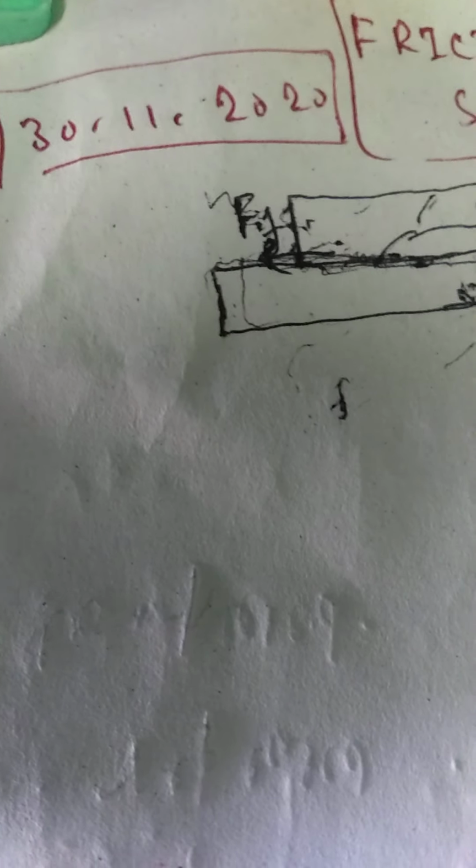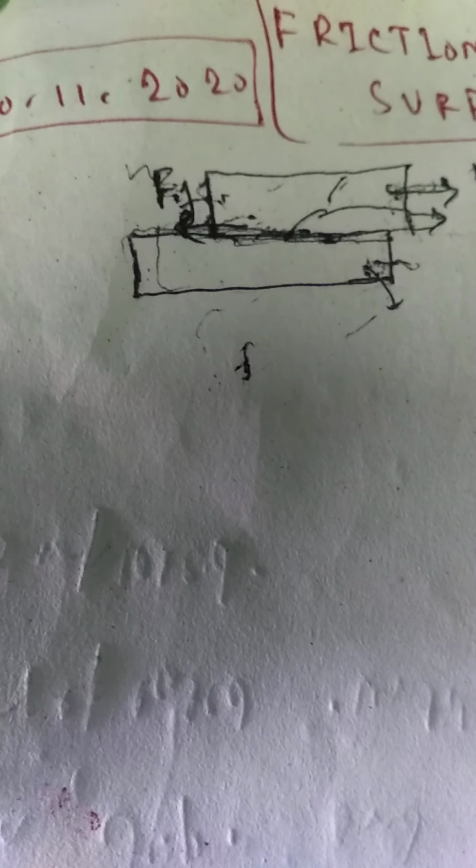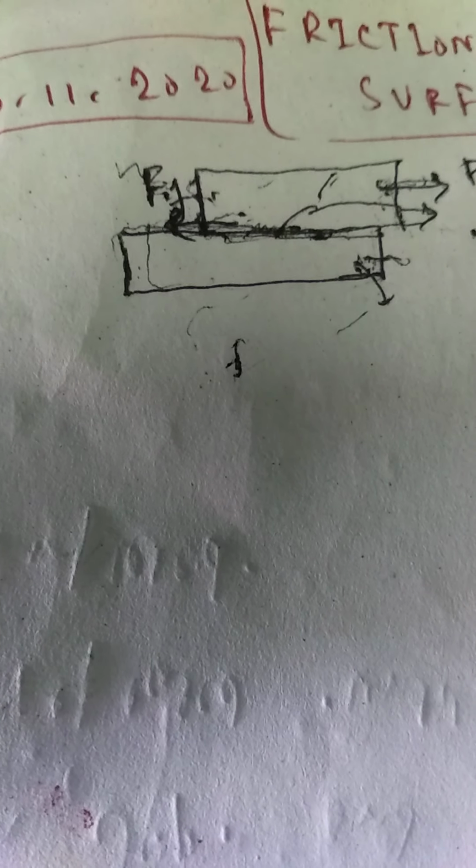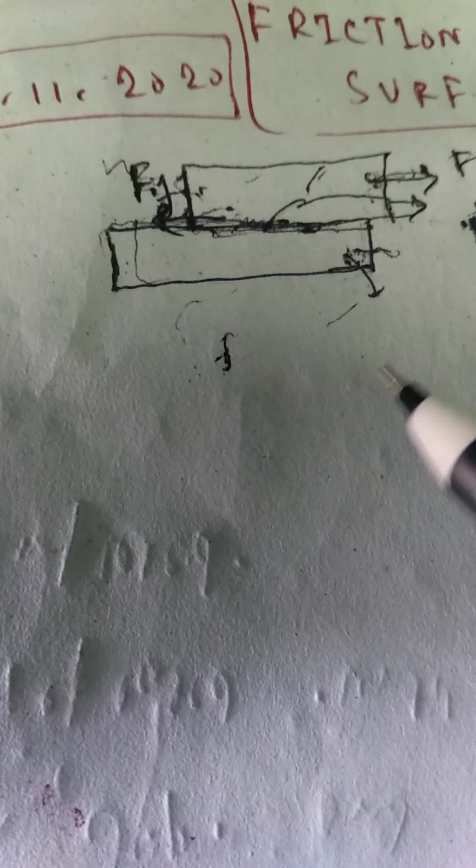But we will also see that this force of friction plays a very important role sometimes. In nature, we are able to walk on a road due to this force of friction.